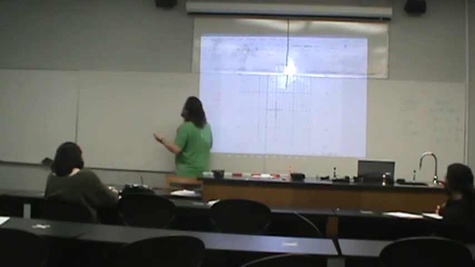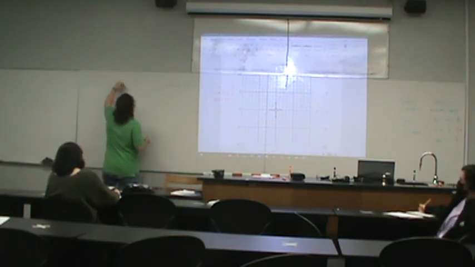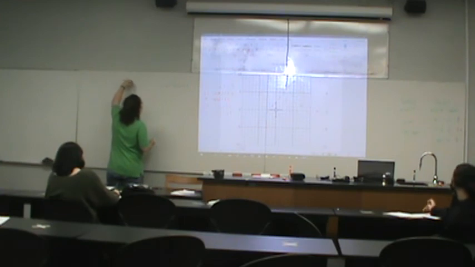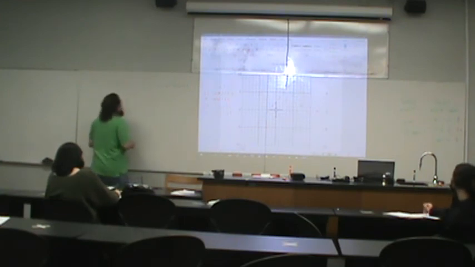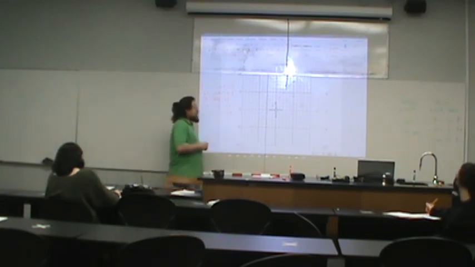And 3, I don't know why I'm going in the opposite direction. 3 is y equals negative 1.2x minus 2.3.